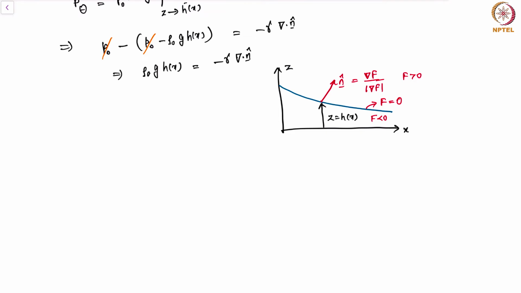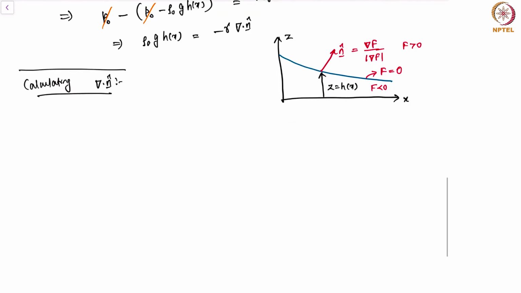Therefore, what we now have is f of x comma z, which is nothing but z minus h of x equal to 0.